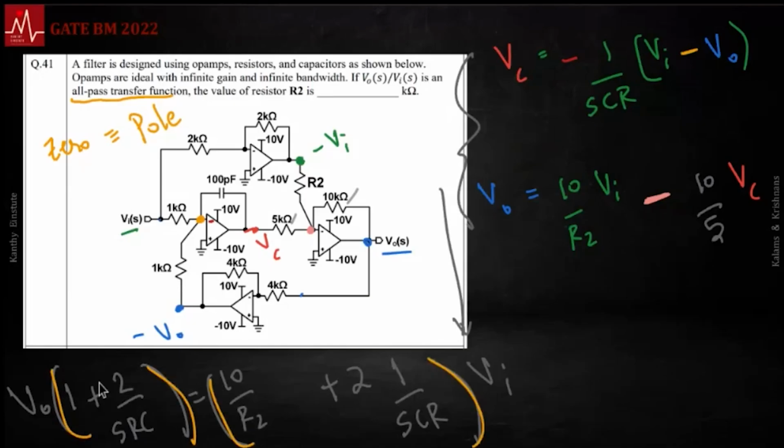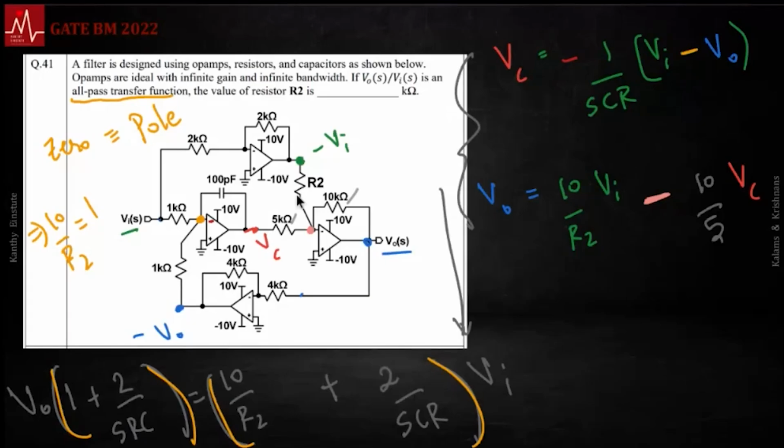That means 10 by R2 needs to be equal to 1. The roots of those two, that is the solution, S equals, find the value of S by setting the term inside the bracket equal to 0. That will be the pole because that will go to the denominator. This is in the numerator. Set this to 0. This is also, it's not 21, this is 2.